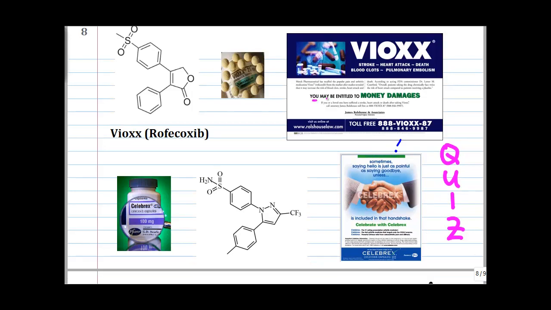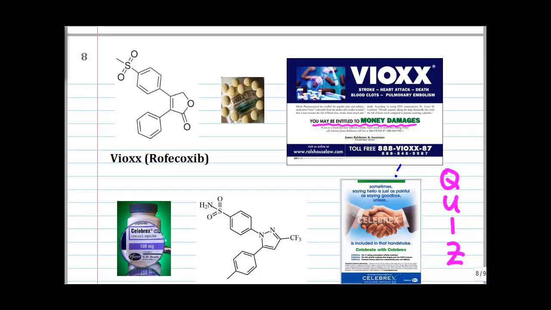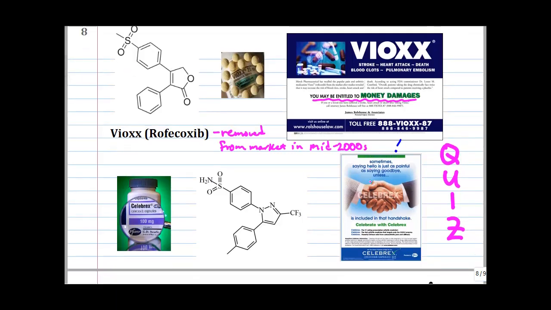Vioxx was one that was highly problematic, and it was removed from the market, and I'm just going to say the mid-2000s. So it's not really available anymore. But Celebrex, which is particularly useful for treating arthritis, remains on the market today.